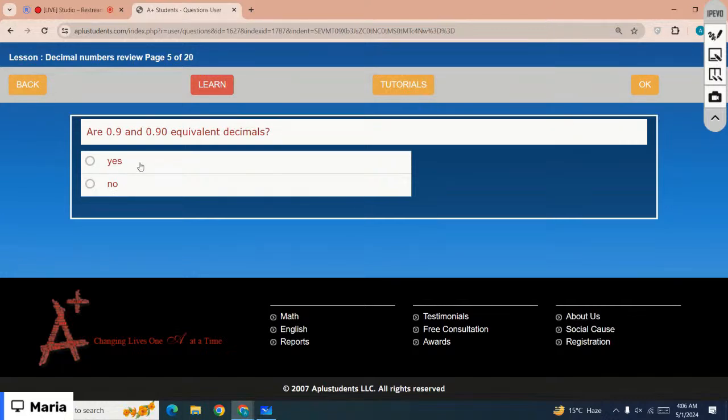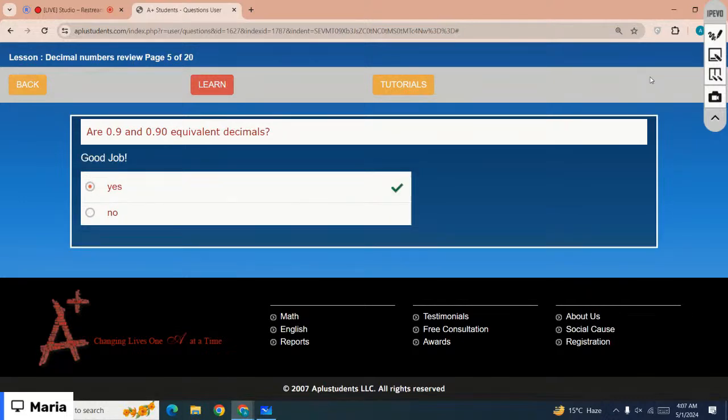When we are working on decimals, you can add any number of zeros at the end of a decimal number, but on the right hand side of the decimal, right? So they are exactly equivalent.